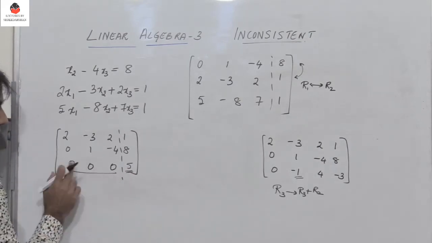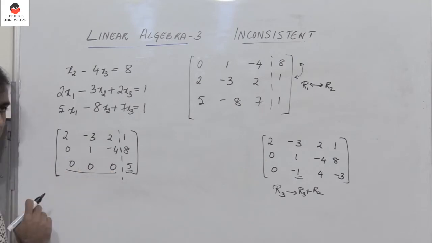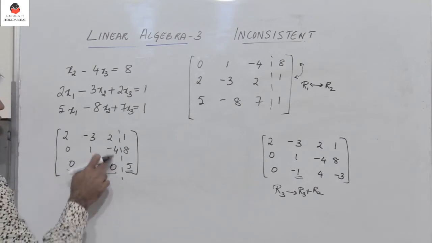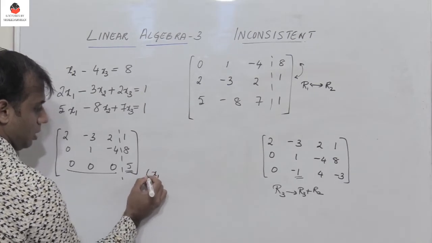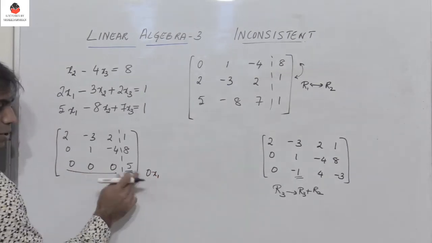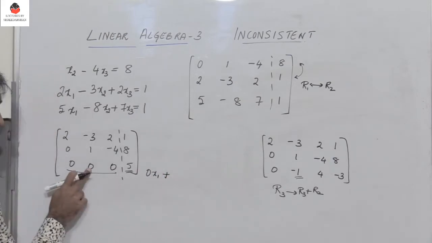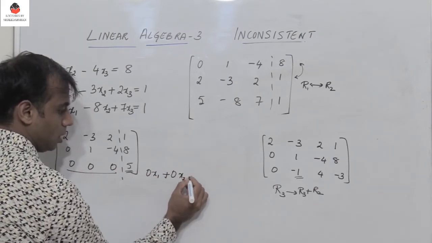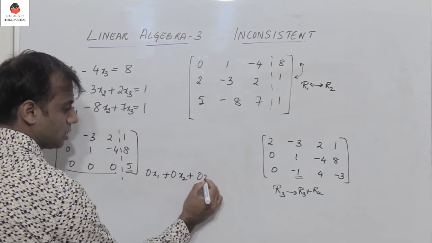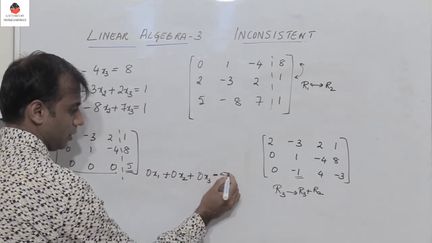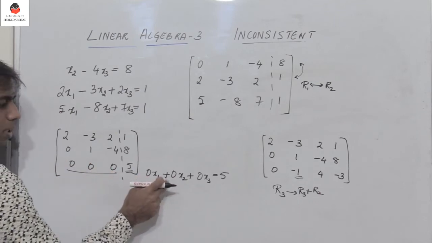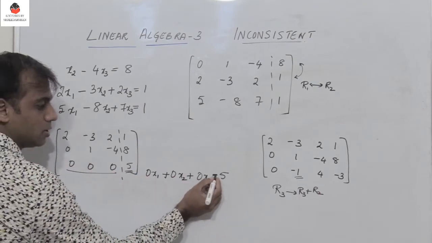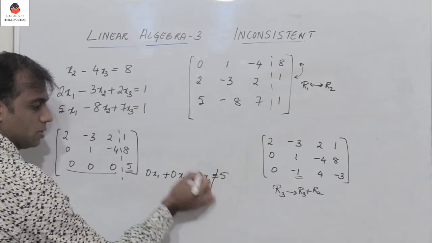Now what does this mean? If I multiply these coefficients with the variables, I end up getting 0 is the coefficient of x1, plus 0 is the coefficient of x2, plus 0 is the coefficient of x3 here, is equal to 5. So according to this expression, I have 0 plus 0 plus 0 equals 5, but this is not possible.